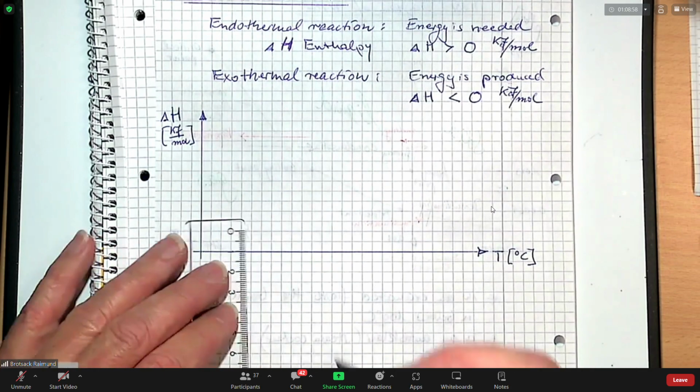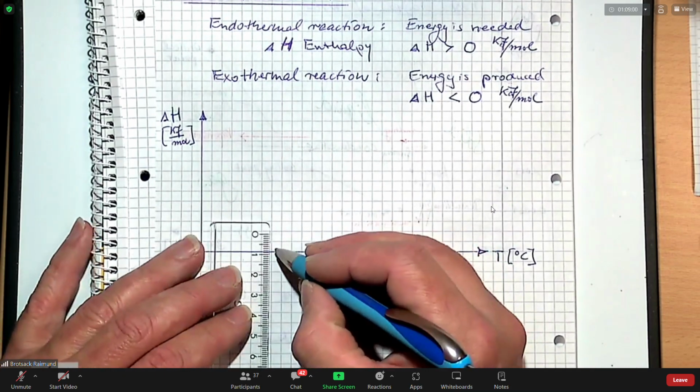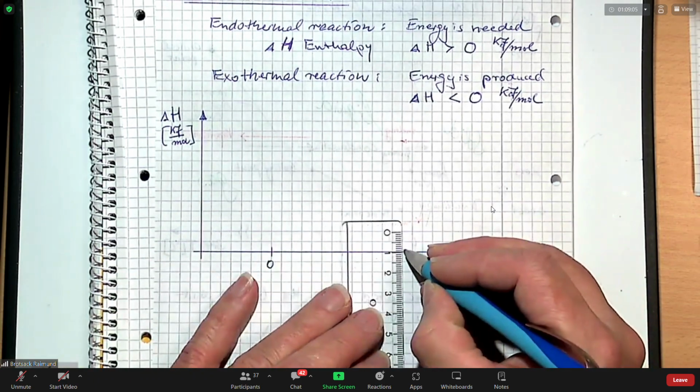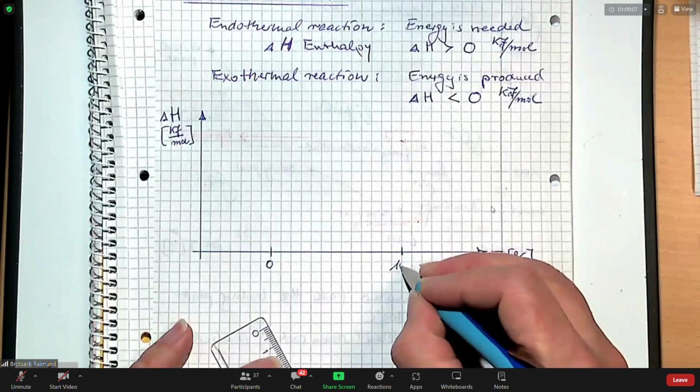And we have 2 points we'd like to look at. One is 0 degrees Celsius, and the other one is 100 degrees Celsius.